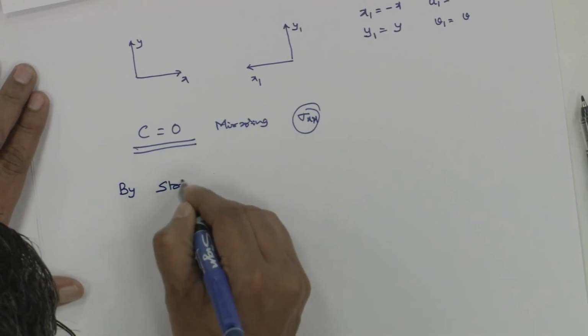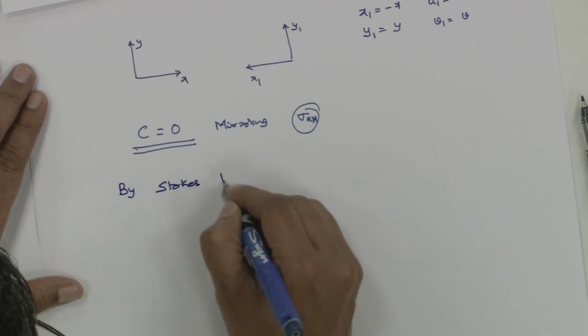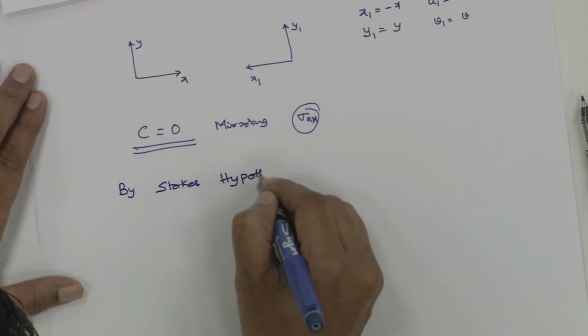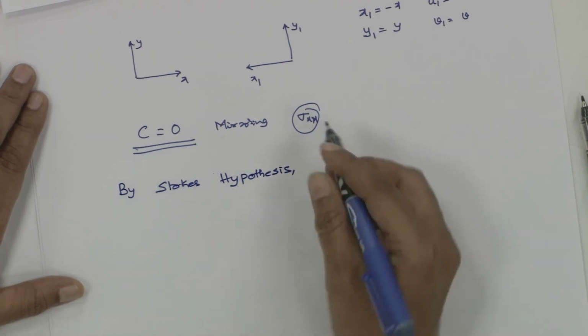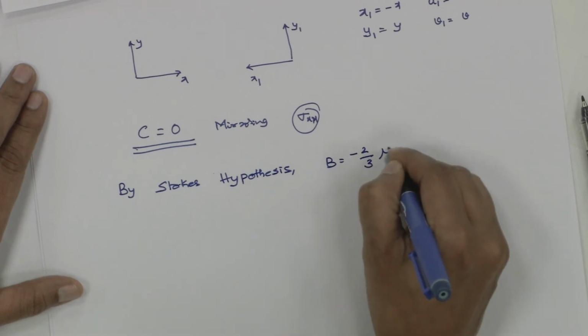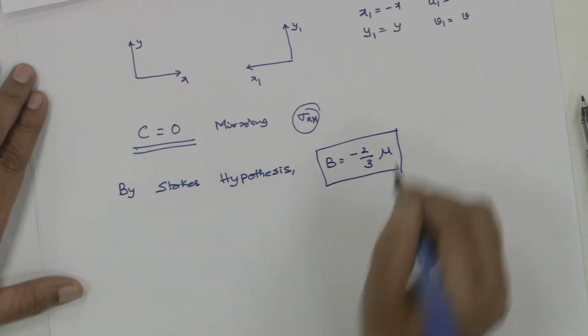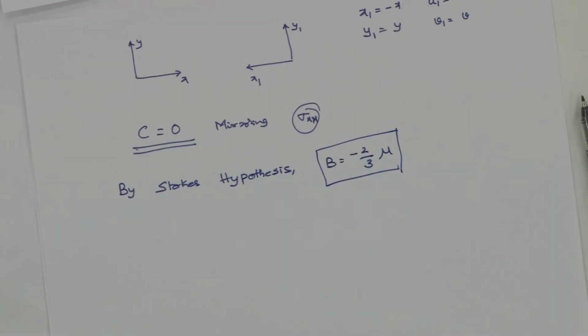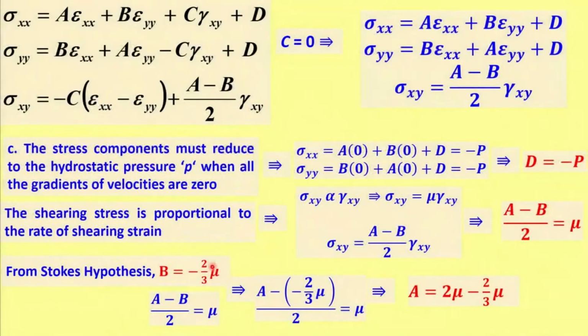If I get time during the course, I will teach you this, but for now I will have to state directly. By Stokes hypothesis, b is equal to minus 2 by 3 mu. B equal to minus 2 by 3 mu. If I take that, I get a equal to 2 mu minus 2 by 3 mu.